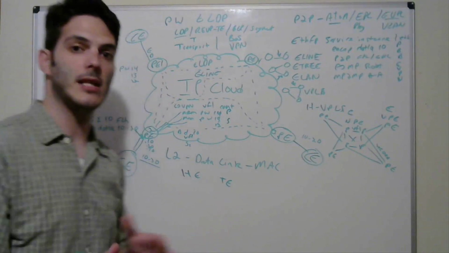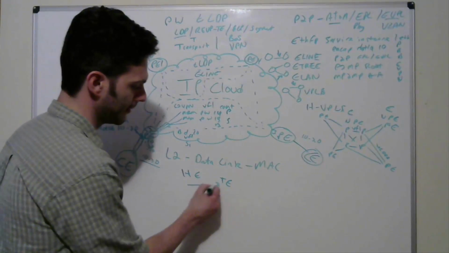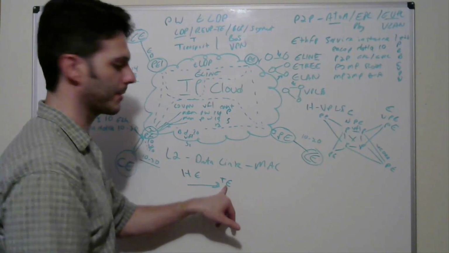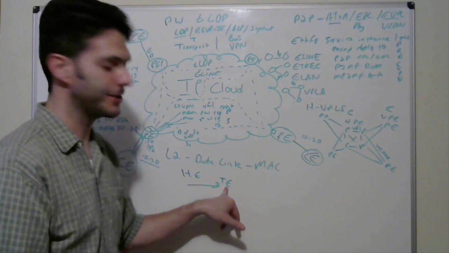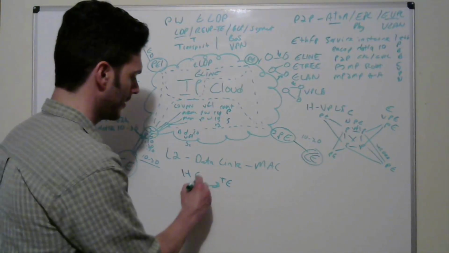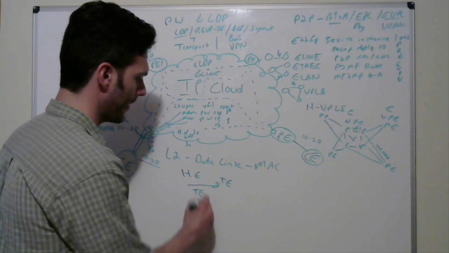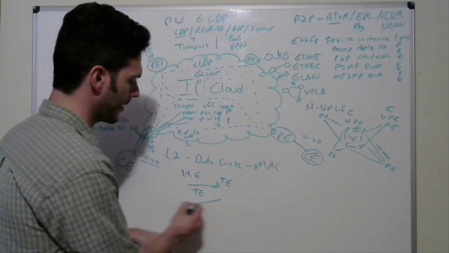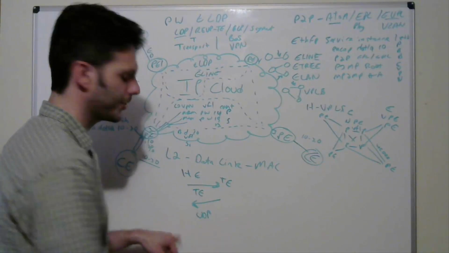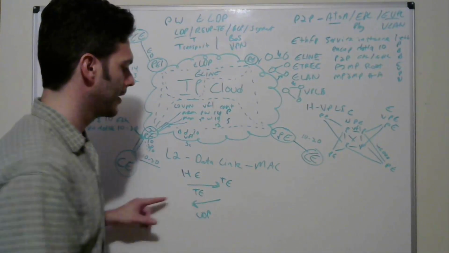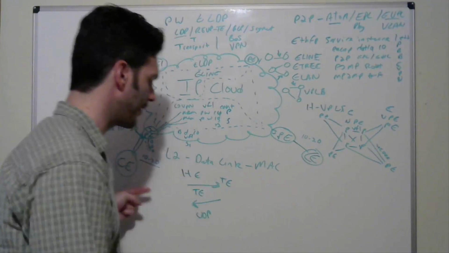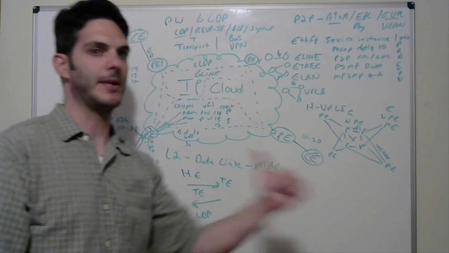And all TE tunnels are unidirectional, meaning the head end to the tail end connection, this being whatever router you set as destination, might be a TE tunnel, right? But on the way back, from the tail end to the head end, it might be LDP. So it really depends on the situation at hand. Traffic engineering tunnels are always unidirectional. So I can get there via TE tunnel, but I come back via LDP.